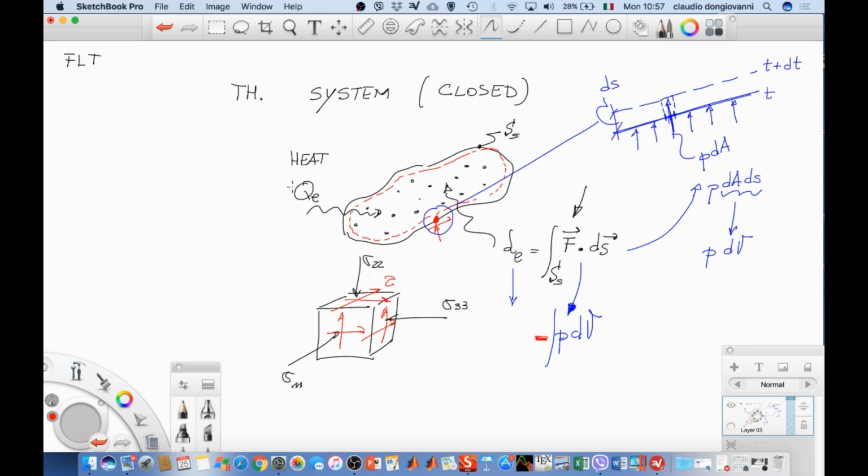Okay? So, good, you remember the idea of closed system. Do you remember the idea of the heat and work? And let me ask, do you remember the final relationship for the first law of thermodynamics for closed system? What does it say? The conservation of energy.